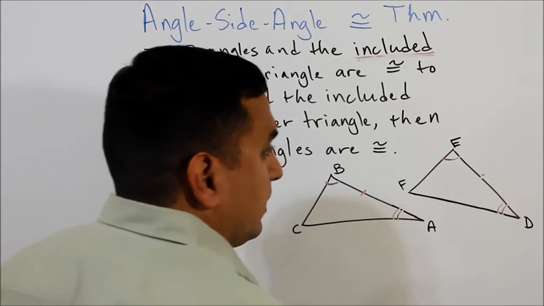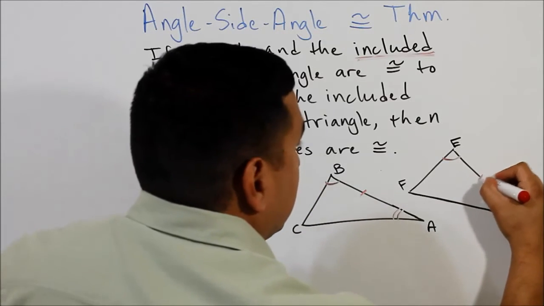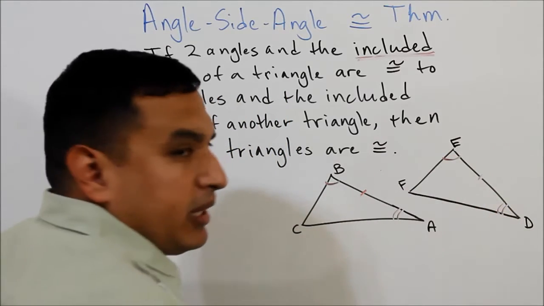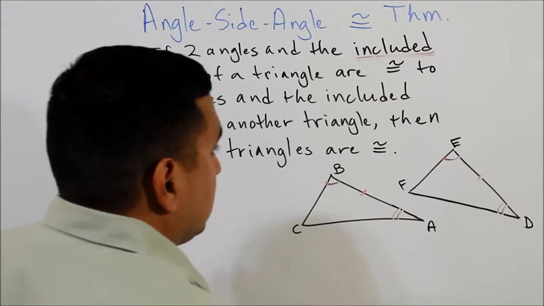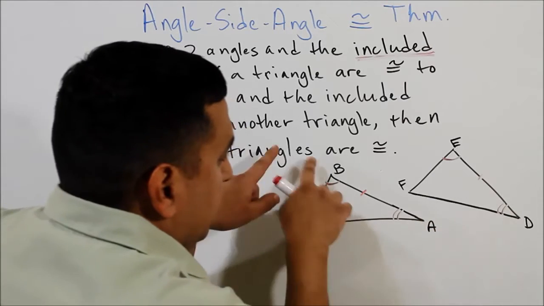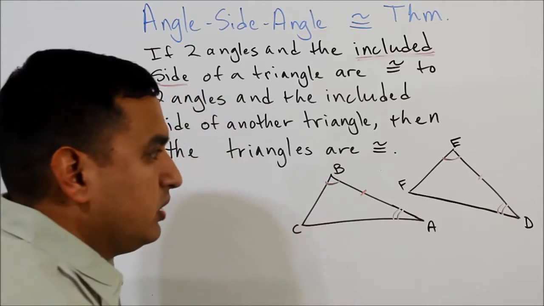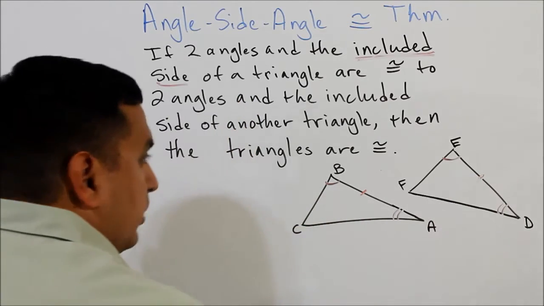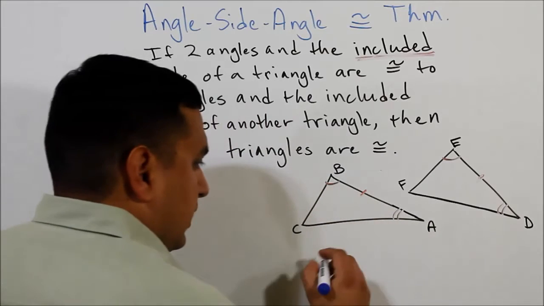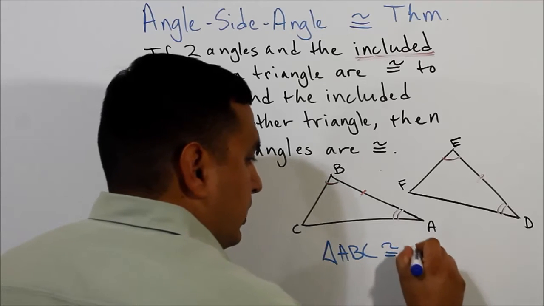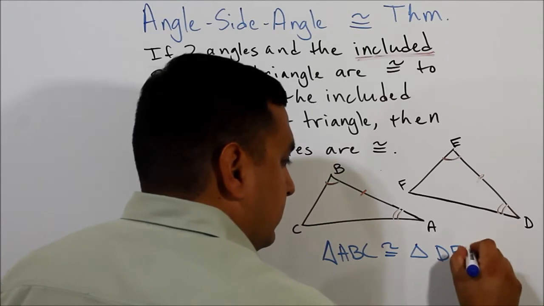Another way to think of it is, for an included side, the two vertices of the angles make up that included side. So if A and B are my angles, then segment AB is my included side. So if I have that, then I know that the triangles are congruent. I would say triangle ABC is congruent to triangle DEF.